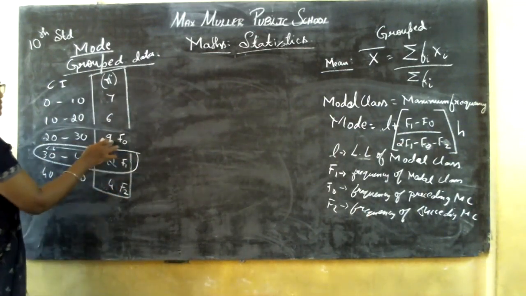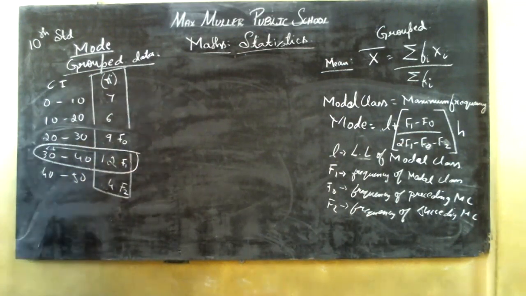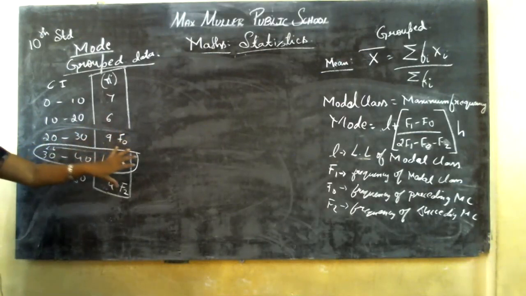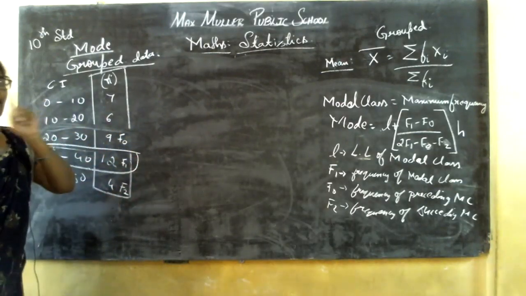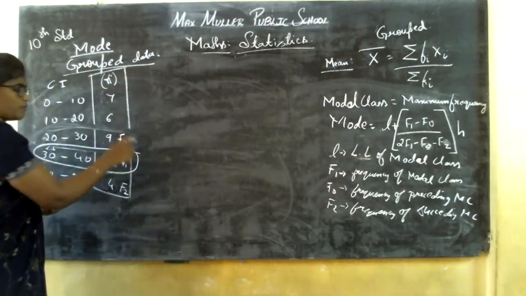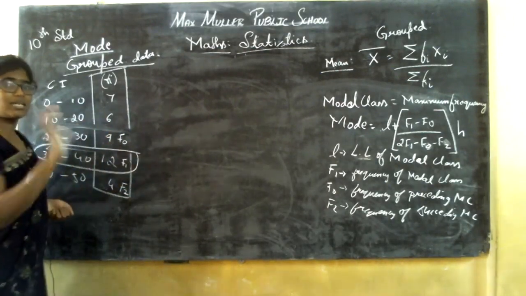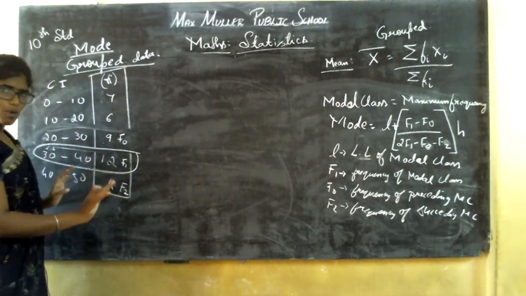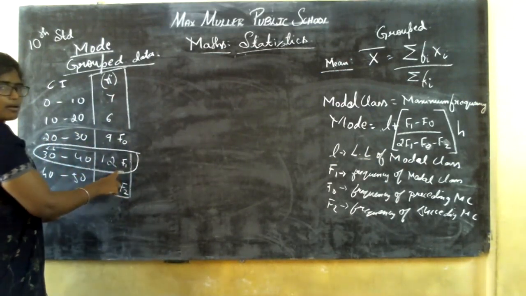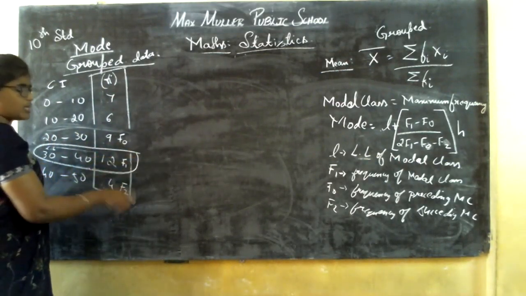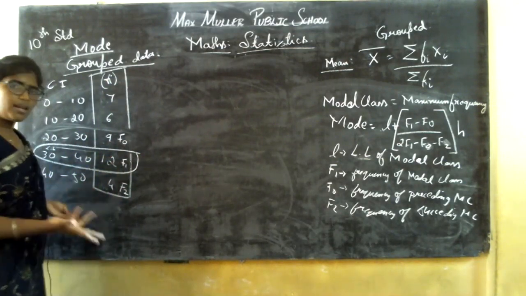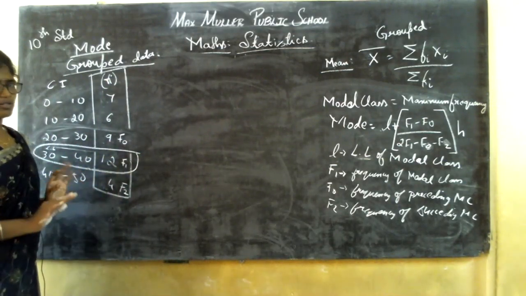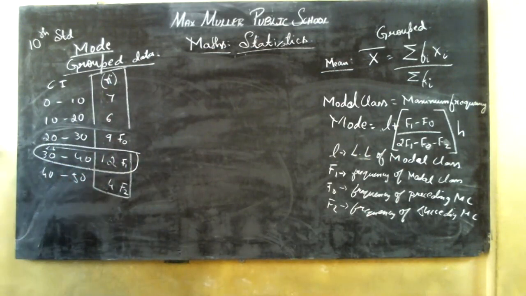Before F1, whatever number you have, that is the preceding. So now I think you are clear with F0, F1 and F2 values. First get a clear picture of the model class. The highest frequency you have, that is the model class. Then write F1. The one above is F0, the one below is F2, that's all. If there is no number, what do we do? If there is no number, just put 0. Putting 0, that's all. No worries.